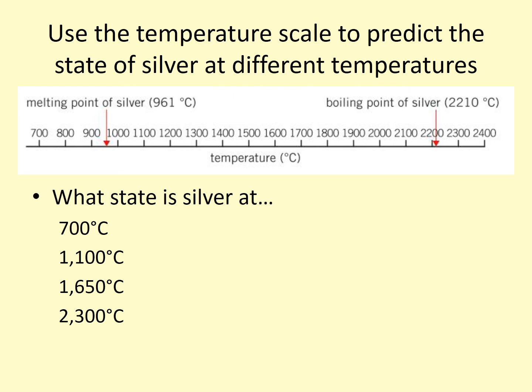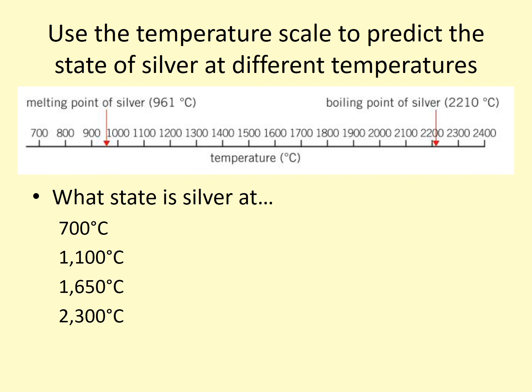Okay, so that means that all the temperatures to the right of that arrow, up to the next arrow, the silver is going to be in the liquid state. Now we've reached the right hand arrow says the boiling point of silver, and you now know that the boiling point of a substance is the temperature that it turns from a liquid to a gas.